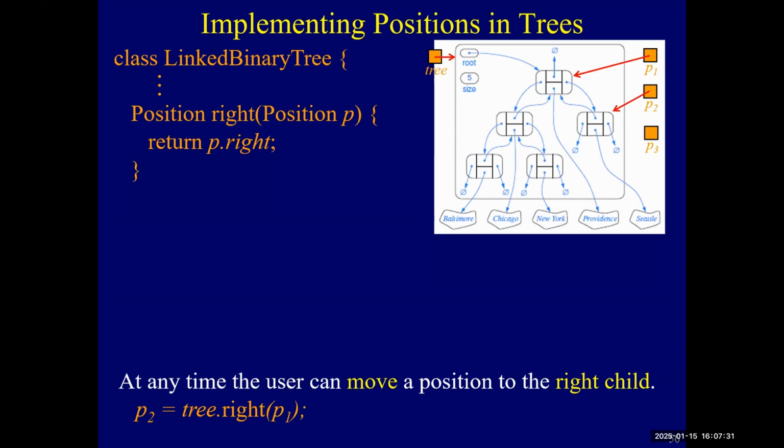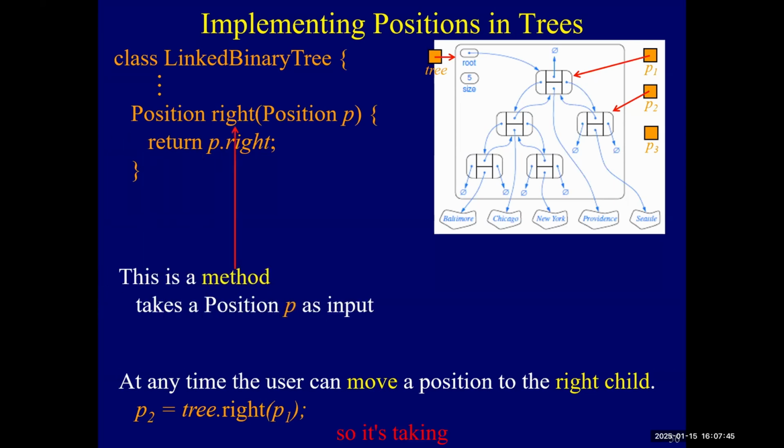Now, does this code look good to you in terms of this whole position thing? You type it in, you think it's good, and it's just filled with bugs, right? It's taking position as input. Of course, when you call it here, you're calling it with P1. So the value in P1 gets copied into this local variable P, and P is of type position.